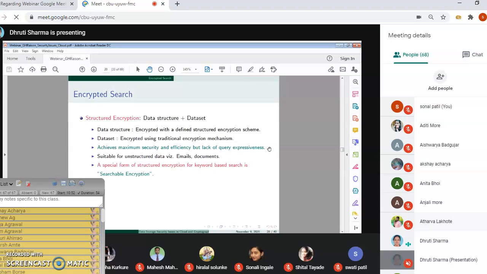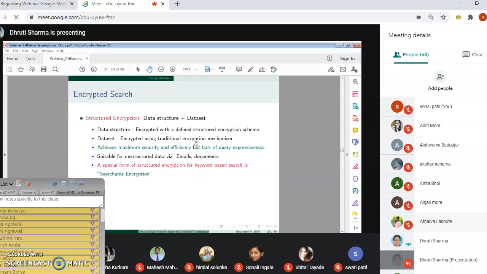Afterwards, there are mechanisms available for AND operations only. Then there is a mechanism for OR operation only. And nowadays, lots of research is being done on Boolean query support for structured encryption. So nowadays, whatever mechanisms are available, they offer great query expressiveness besides security as well as efficiency.